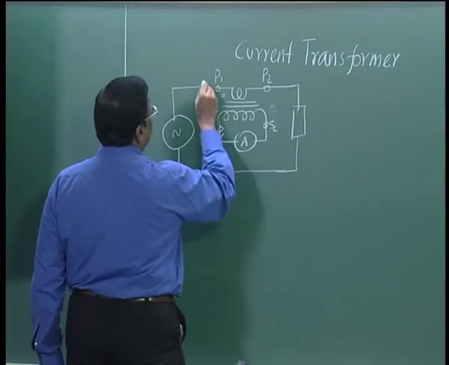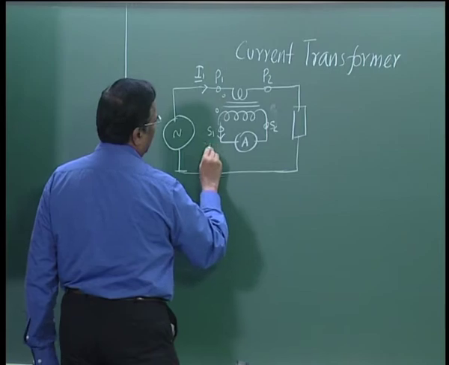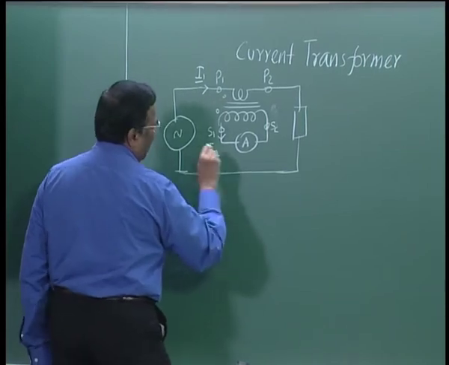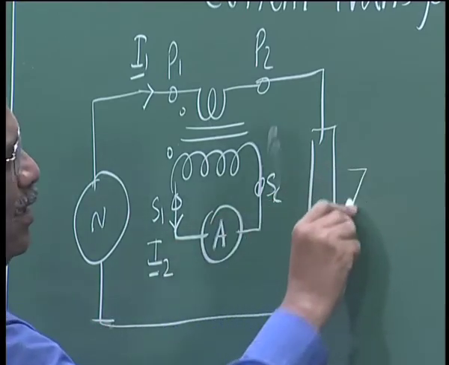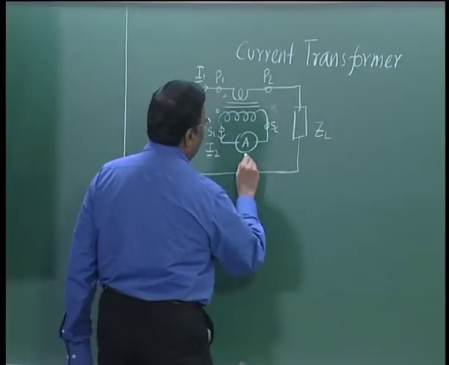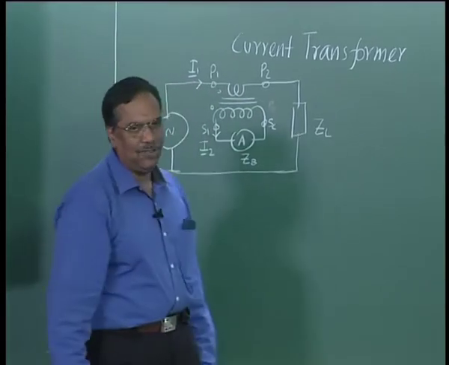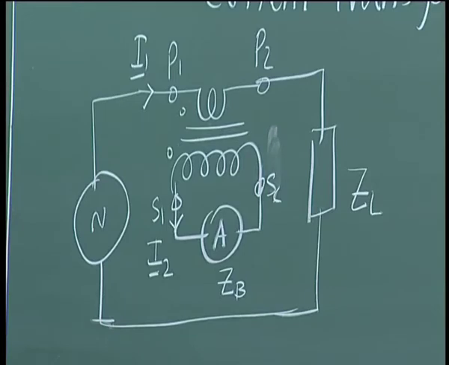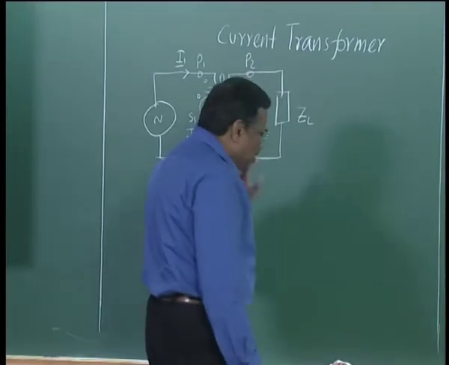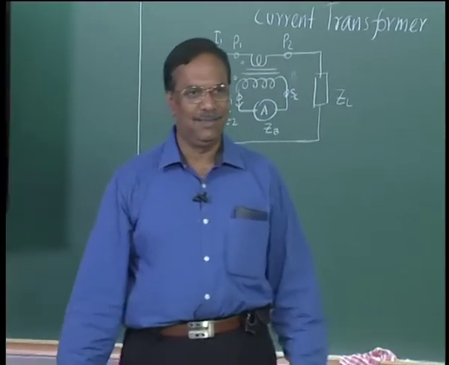I have the current I1, which is a phasor, flowing through the primary, I2 flowing through the secondary, we have the load ZL, and whatever we put on the secondary side of a current transformer, we do not call it a load, we call it a burden. So, we call it ZB. If it is a simple ammeter, we will have mostly resistive burden, right, and maybe a small inductance.